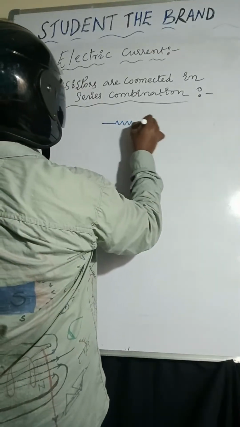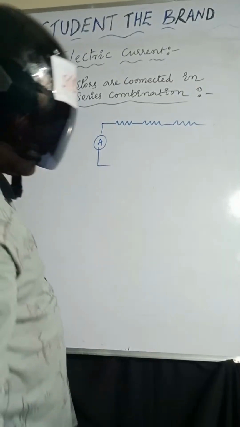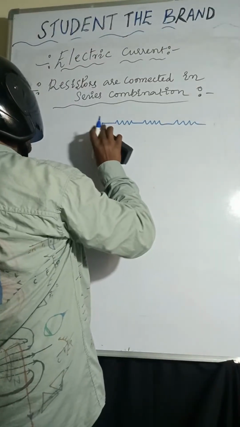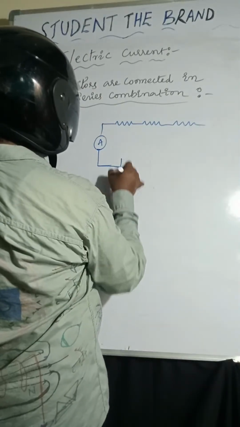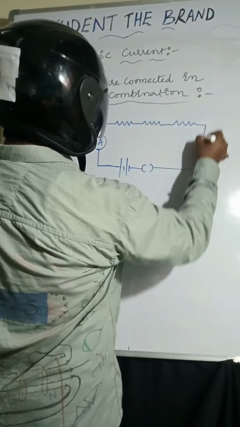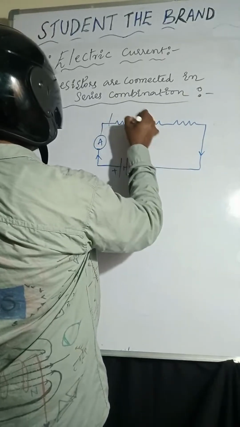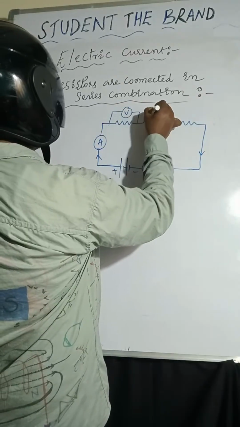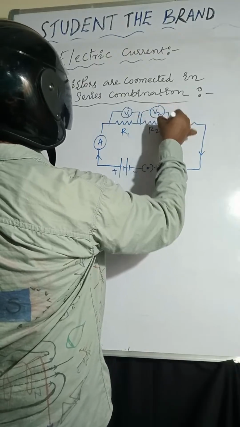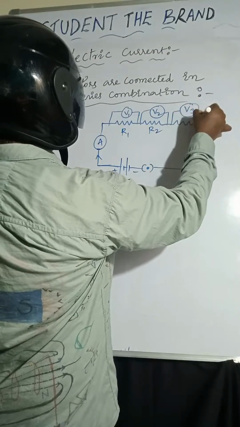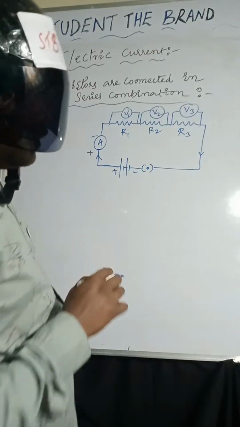A resistor 1, 2, 3, and an ammeter. Okay, so current is flowing.